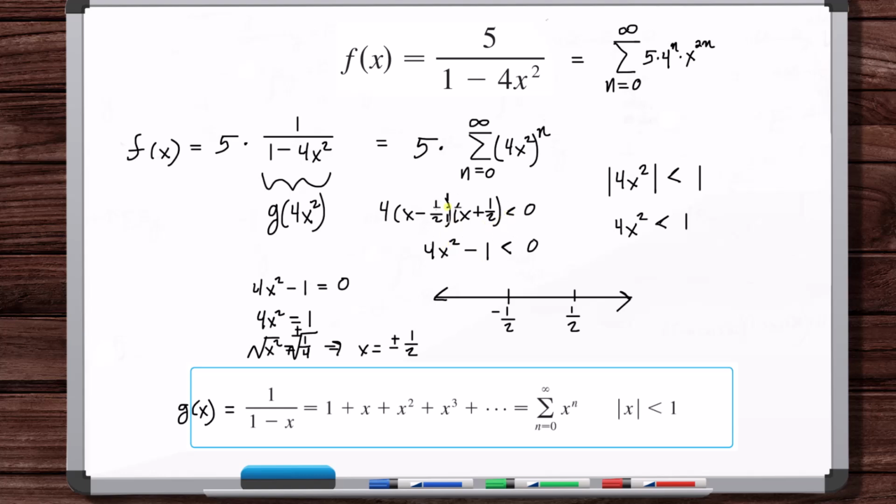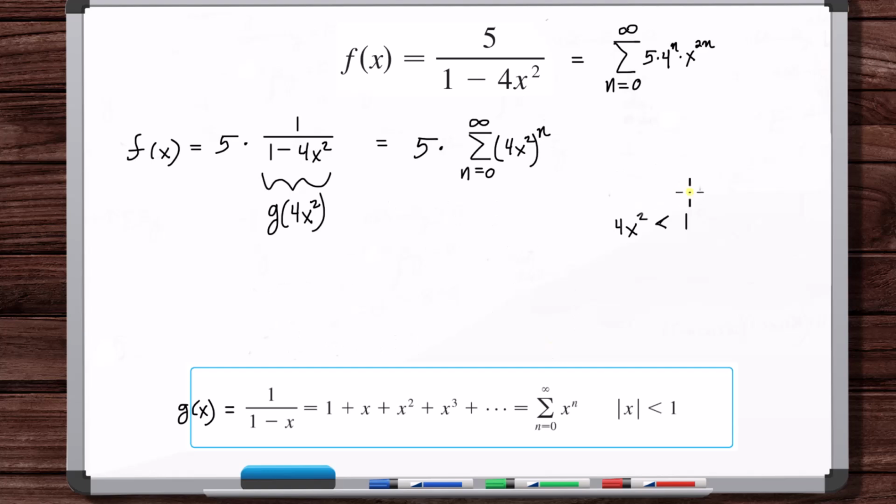So when is this less than 0? You can see the 1/2 and the minus 1/2 are the boundary points. If x is less than minus 1/2, this is positive, this is positive. If x is greater than 1/2, this is positive, this is positive. And it's not at the endpoints either, because it's not less than or equal to. So it's in here, minus 1/2 to 1/2.